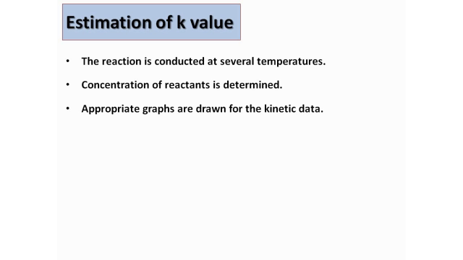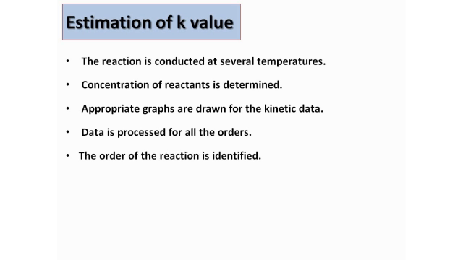Then appropriate graphs are drawn for the kinetic data. I will show you the graph, right? This data is processed for all orders, for zero order, first order, second order, like that. We have different models, zero order model, first order model. We just need to put in the data, and it will calculate the value of K as per the model, right?